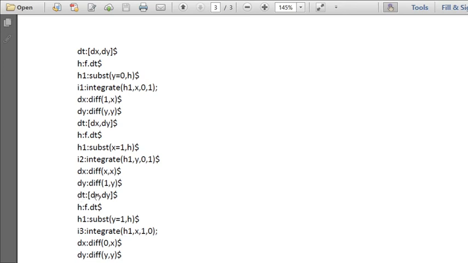Now your dt will be list of dx comma dy, and as usual h is nothing but pdx plus q dy. That will be got by f dot dt. Now h1, you need to make a substitution of y equal to 1 in this, so that this contains only a function involving x. Now integrate this with respect to x, where x runs from 1 to 0.